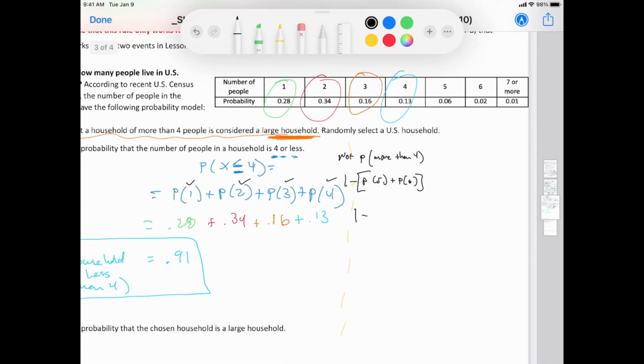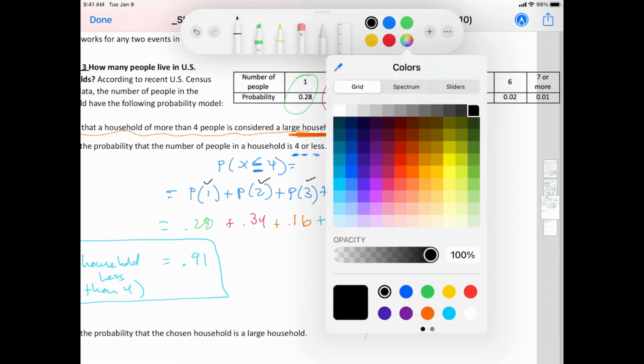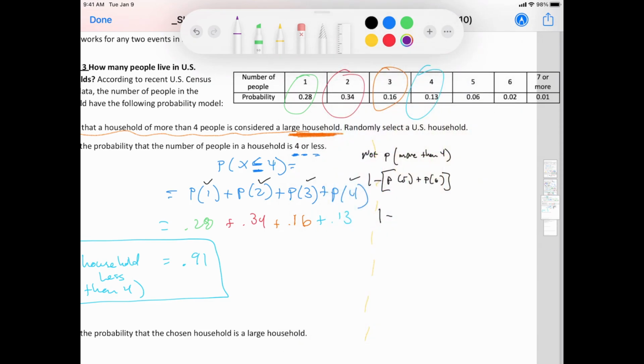So 5, what colors have I not used? Purple would be 0.06. Oops, forgot the probability of 7 or more.